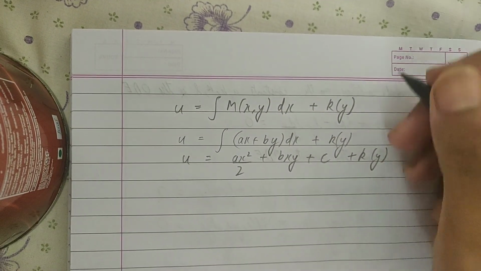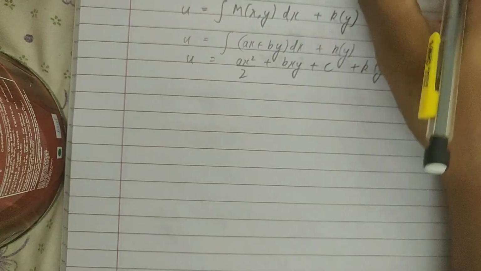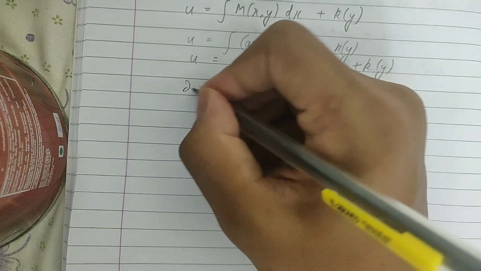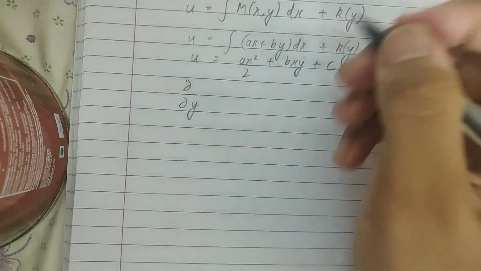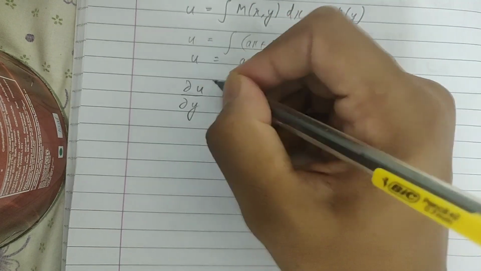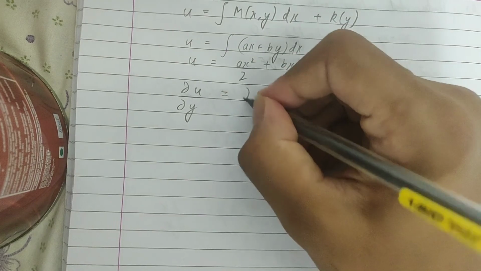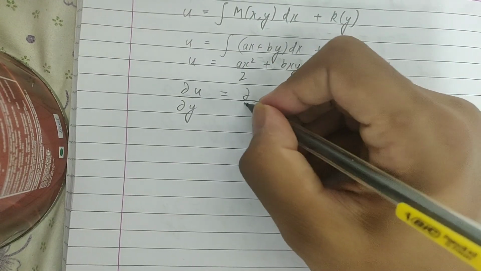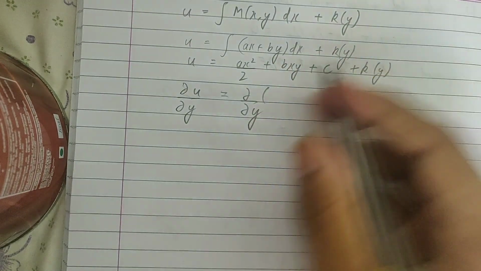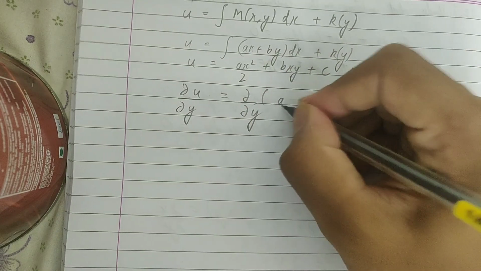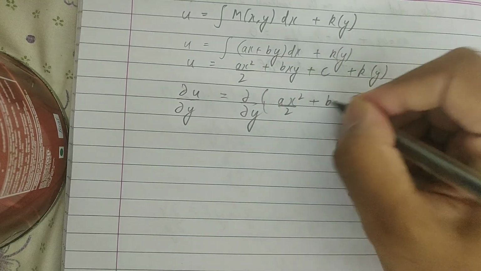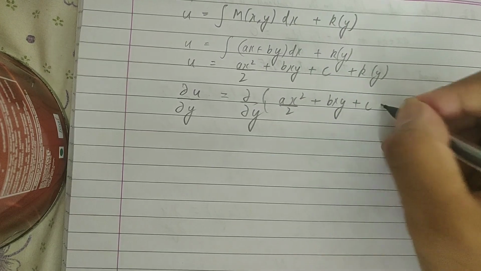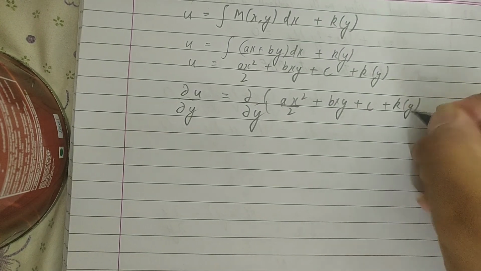Now according to the process, we'll take the partial derivative with respect to y on both sides: the partial derivative of u with respect to y, and the partial derivative of that whole thing with respect to y, that is c plus k(y).